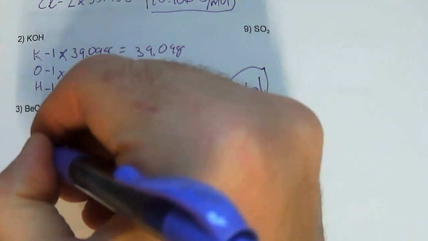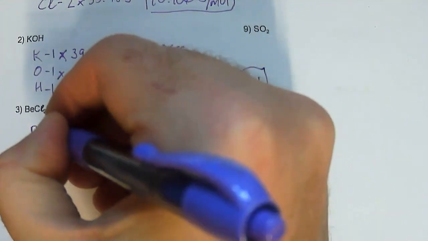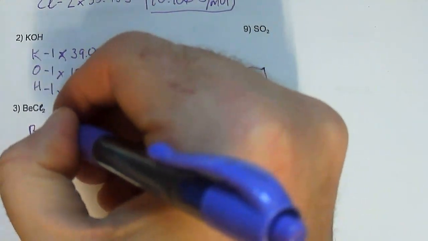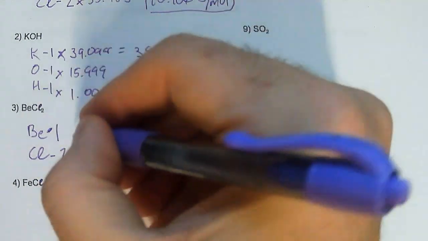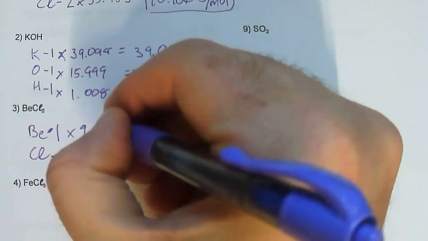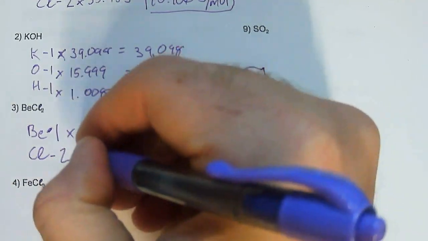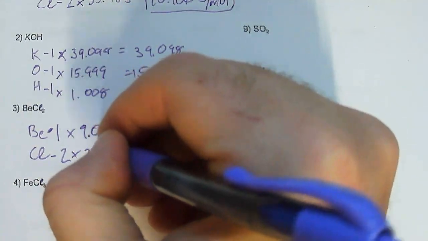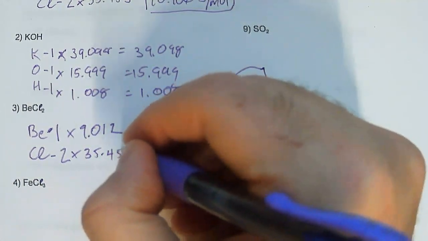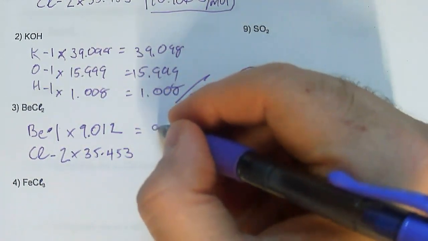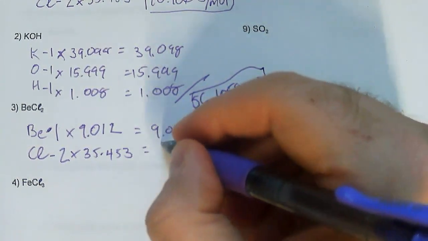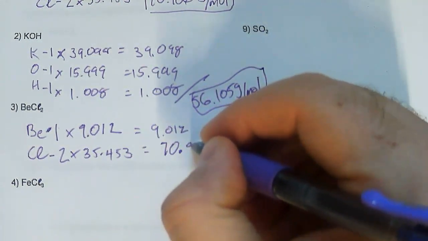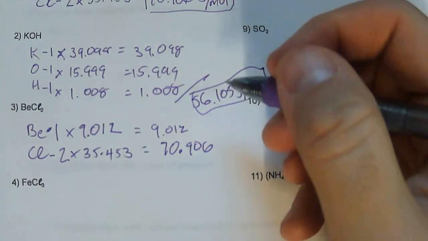Okay, beryllium dichloride, list the elements, BeCl. There's 1 Be, 2 Cls. Beryllium is 9.012. Chlorine is 35.453. So we know that this is 9.012, and this is 70.906.